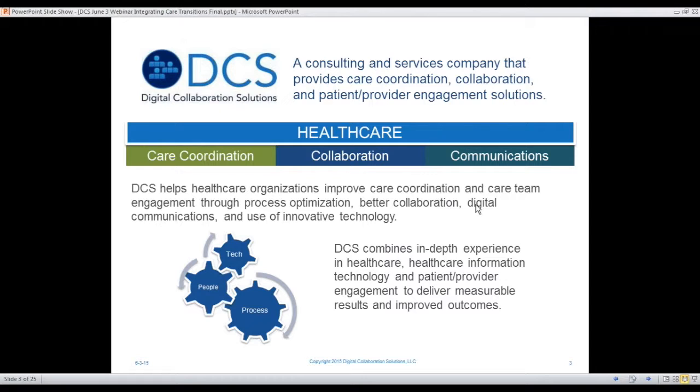We're not a software company. We use the best-of-breed technology when that's appropriate, or we might often use technology people already have. But our focus is really looking and saying, how do you do that in an integrated fashion? Because technology may or may not be the right answer, but certainly it has to align with the people and the processes.